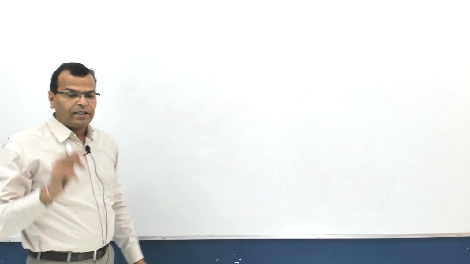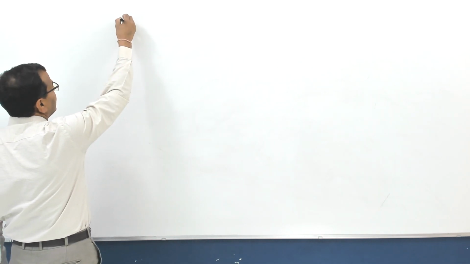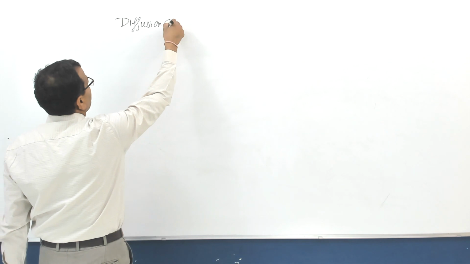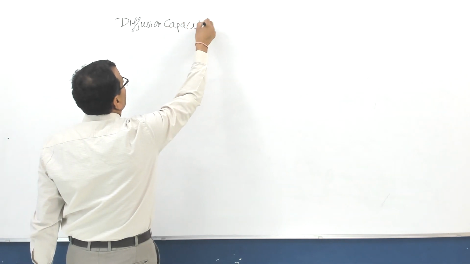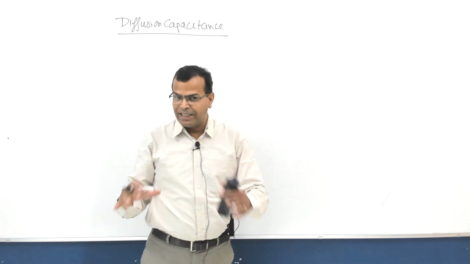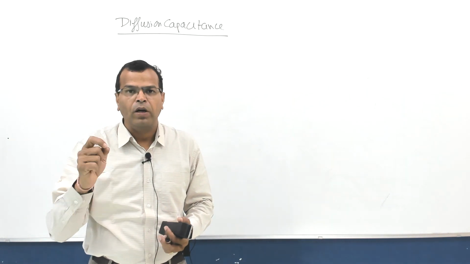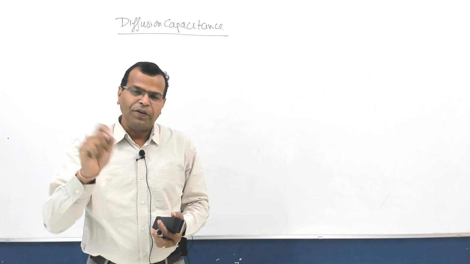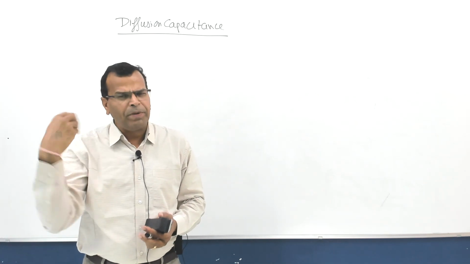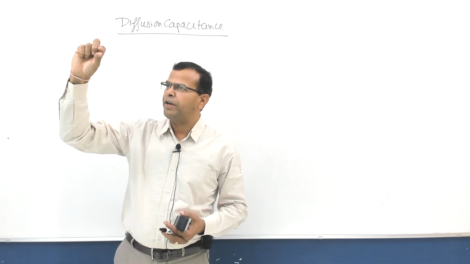Now, there is a second type of capacitance in diode, that is called diffusion capacitance. Remember how this capacitance comes into picture, whether it is transition capacitance or diffusion. Whenever there is storage of charge, maybe anywhere, say you have a charge in the air here.